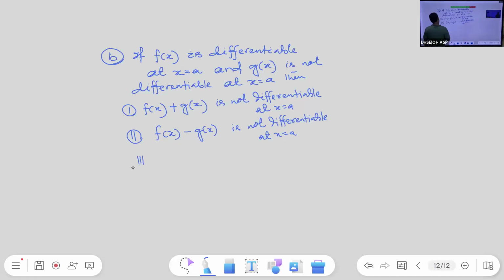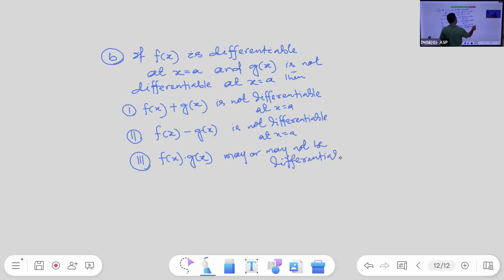Third, f of x into g of x may or may not be differentiable, that means nothing can be said in general.